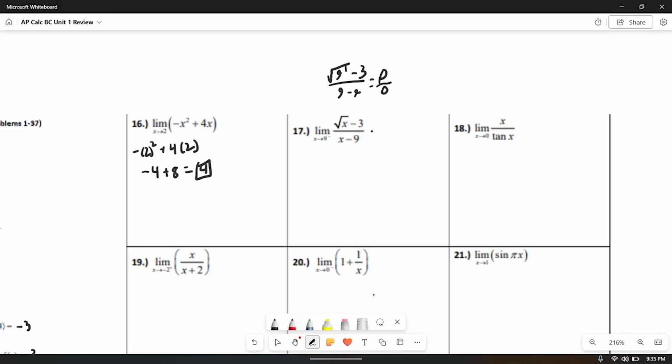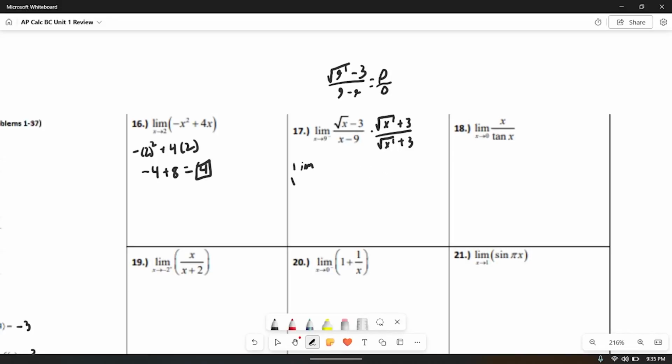So we can just multiply this one by the conjugate. So multiply by square root of x plus 3 over the square root of x plus 3. Square root of x times square root of x is just x. Square root of x times 3 is 3 root x, but then we subtract 3 root x after we do that. Then we just do negative 3 times positive 3, which is minus 9. And on the bottom, we don't have to FOIL this part out because we're almost done. I'll go ahead and write the limit down just so we're not lost.